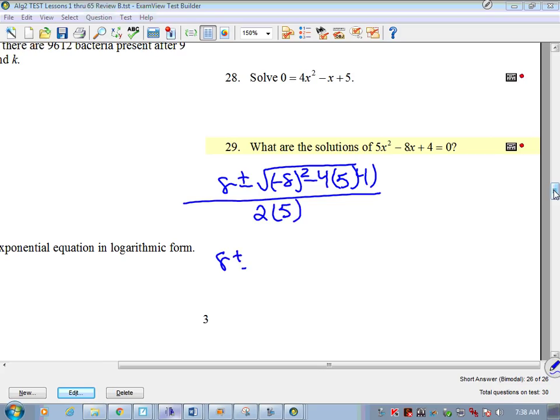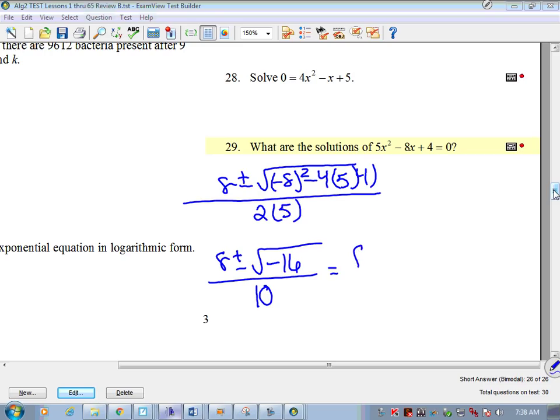So we're going to get 8 plus or minus the square root over 10. Okay, so we know that -8 squared is 64, and hopefully we remember from the other one that -4 times 5 times 4 is going to be -80. So we've got 64 minus 80, which is -16.